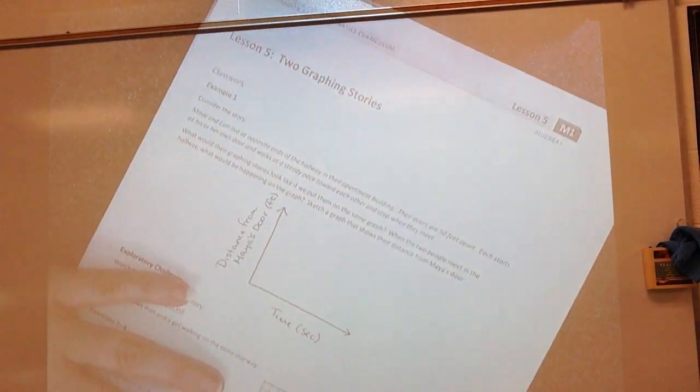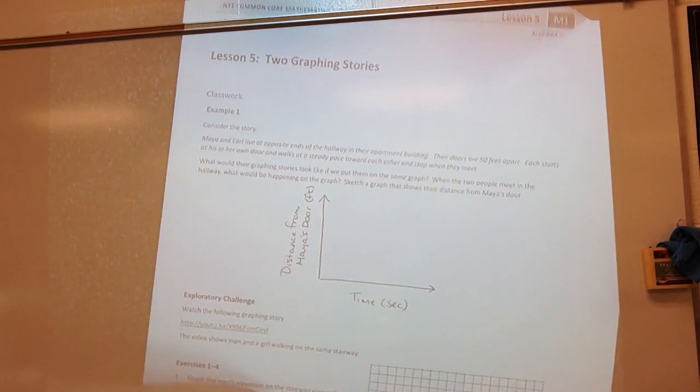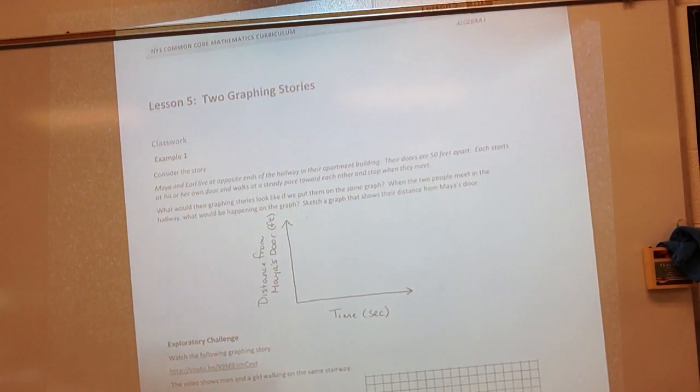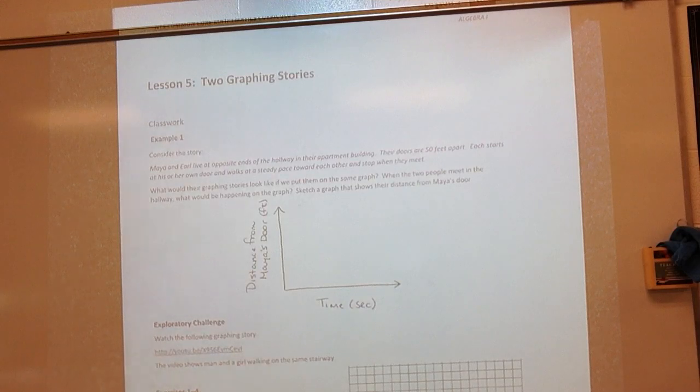Now, with this story, I am not going to put a bunch of numbers on there. Reason being is because it's okay that we don't have all those numbers on there. What we're going to concentrate on right now is what the actual graph would just look like.